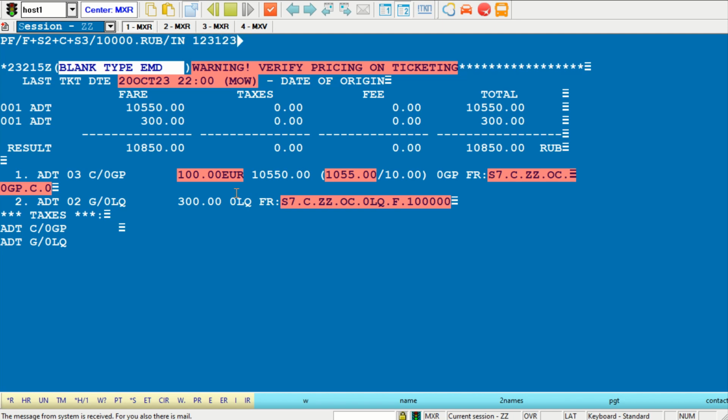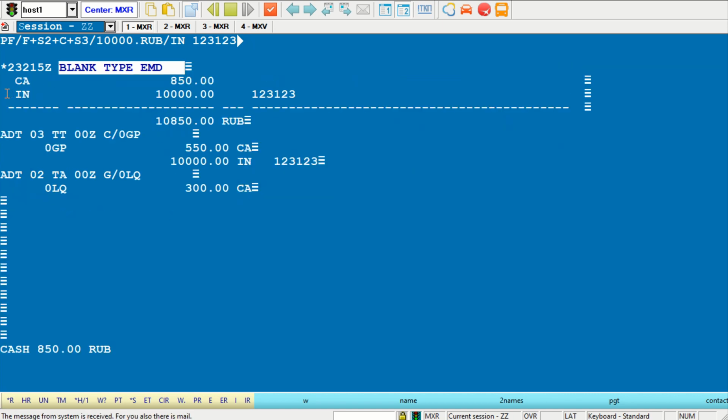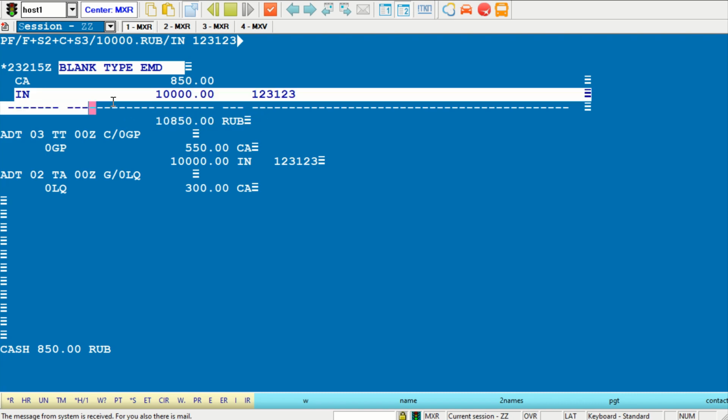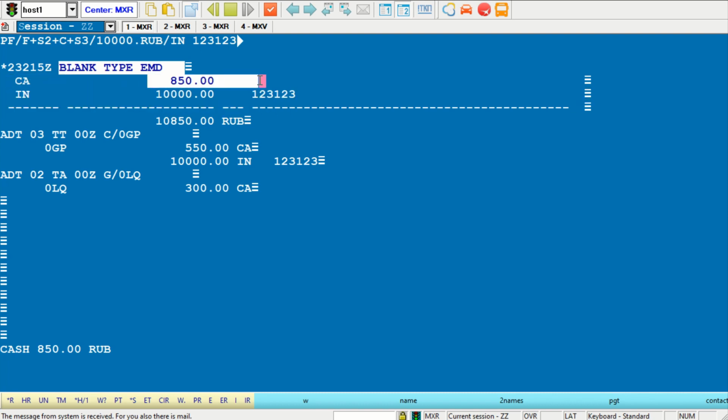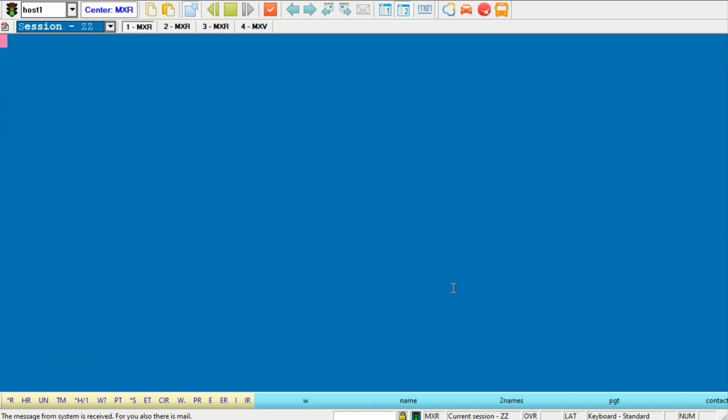System will apply this amount by invoice and remaining amount by cash. You will see all this amount, 10,850, will be paid by invoice 10,000 and by cash 850. Let's save it.